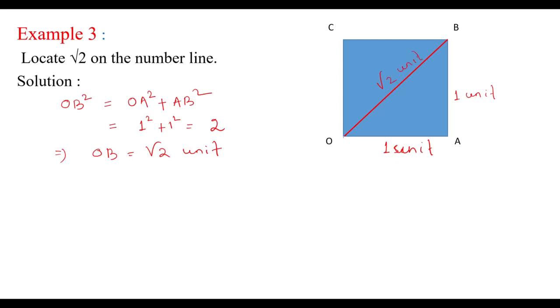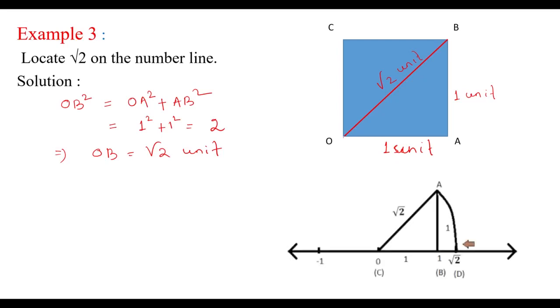But we have to represent root 2 on the number line. So in this way, we have to represent root 2 on the number line. First, draw CB. So this is CB.